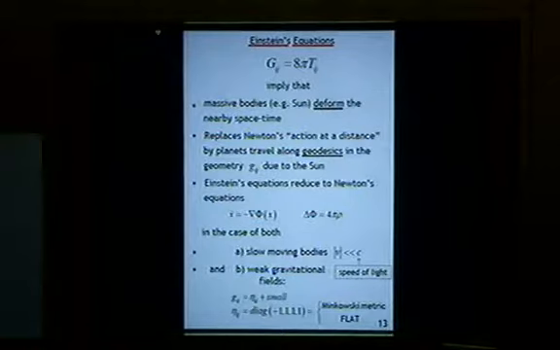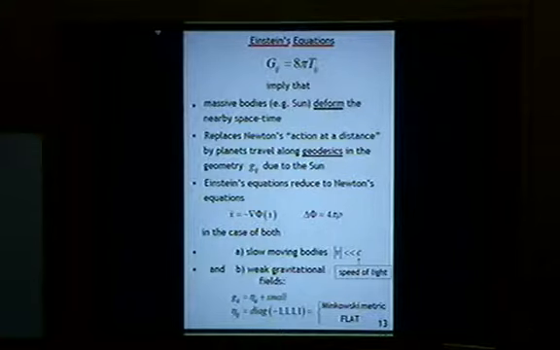Now, in the Newtonian case, there's only one gravitational potential, that function phi. In the Einstein case, there are 10 of them. So it's remarkable that the 10 collapse down to just 1 in the physics we're used to here on Earth. Okay? So that's a nice thing about Einstein's theory.